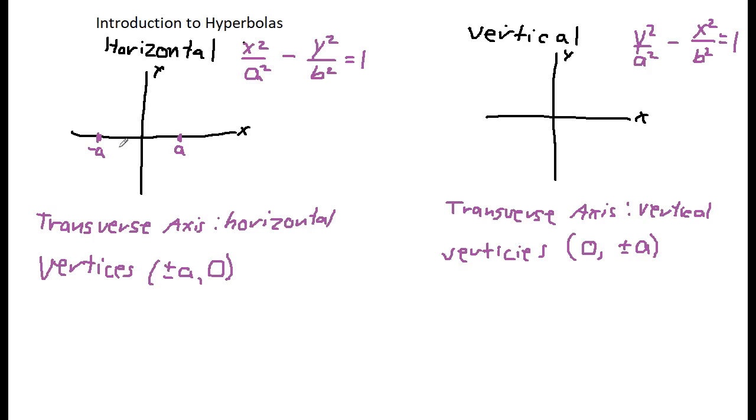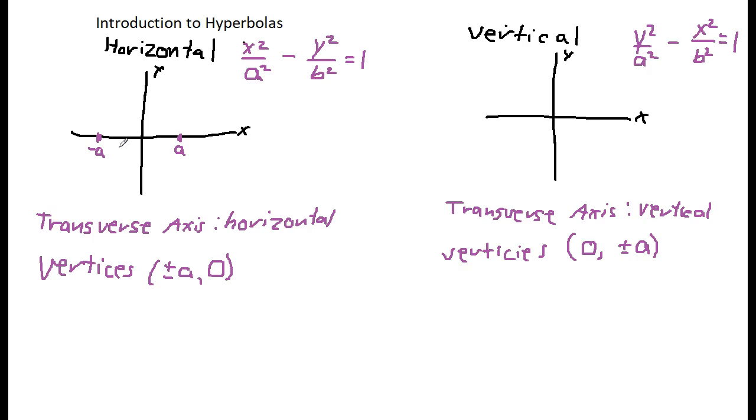Well, in hyperbolas I have a transverse axis, and the other axis, what would have been a minor axis if we were looking at an ellipse, is called a conjugate axis. Conjugate axis is related to b.